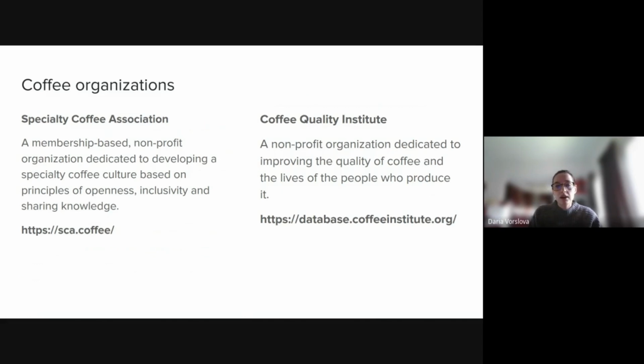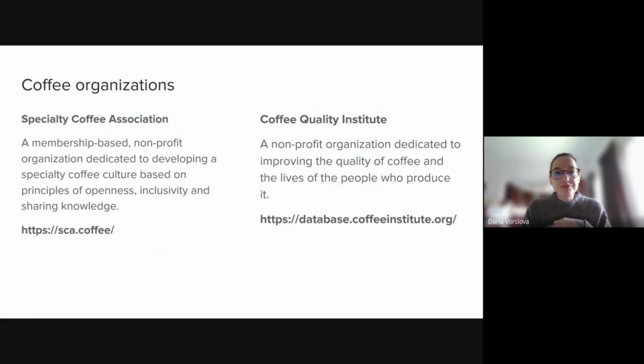And Coffee Quality Institute is a bit different organization, also non-profit, but dedicated to improving the quality of coffee and the lives of the people who produce it, focusing more on the producing side, on countries where coffee is actually growing and being produced. So they do one thing, but in different markets, for different people, for different parts of the coffee supply chain, which is super important.